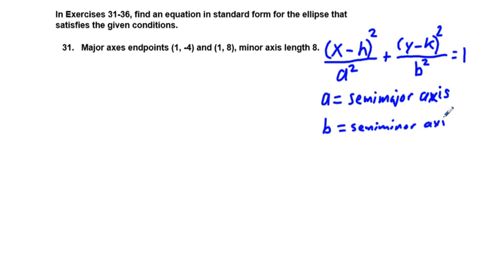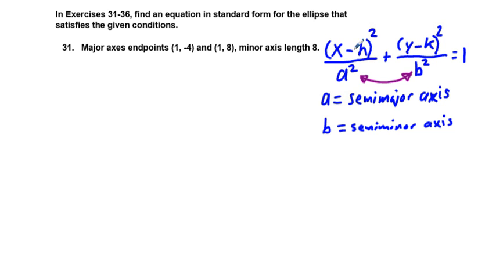And this would be the case for a horizontally oriented ellipse. Now, if you have a vertically oriented ellipse, these a and b are going to switch, and so in a vertically oriented ellipse, the semi-major axis will be related to the y term.